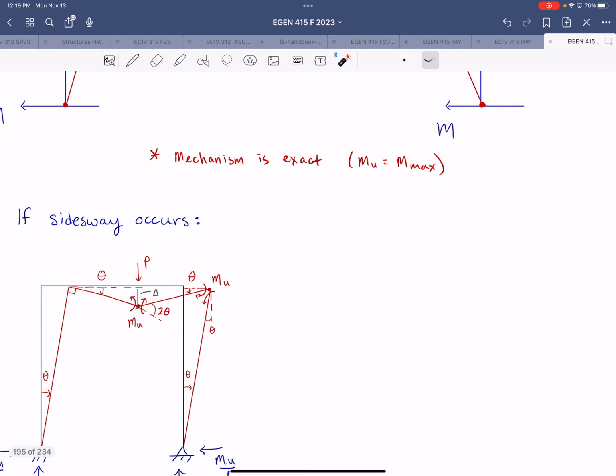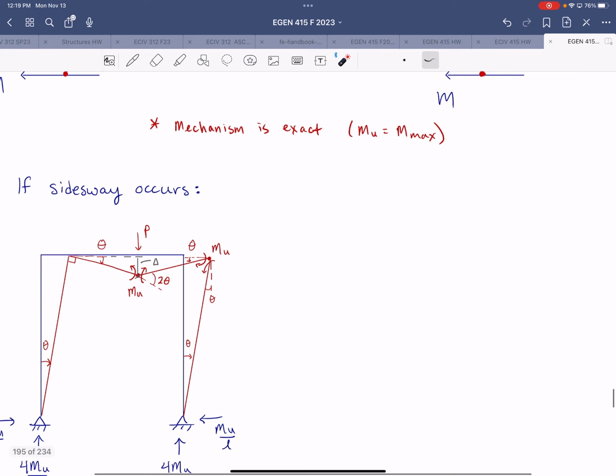With that condition, you'd have a plastic hinge at the center where the load is applied, a plastic hinge at one of the beam column joints, and then side sway. So these pins are not preventing rotation at all. They already basically are a hinge.